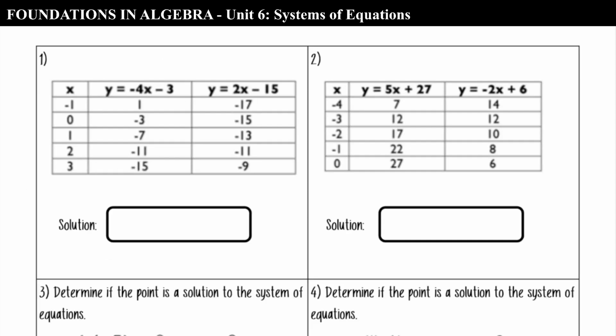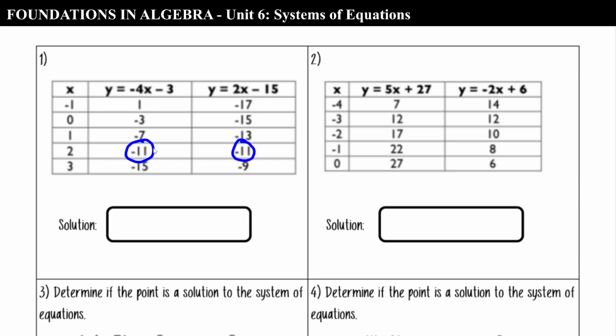All right, what happens if we have a table of values? Well, we look to see if the y is the same for any of the values. So for this column, we have a -11 here, and we have a -11 here. That's shared with the same x value.